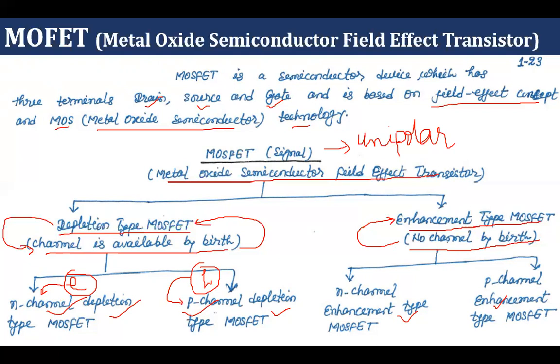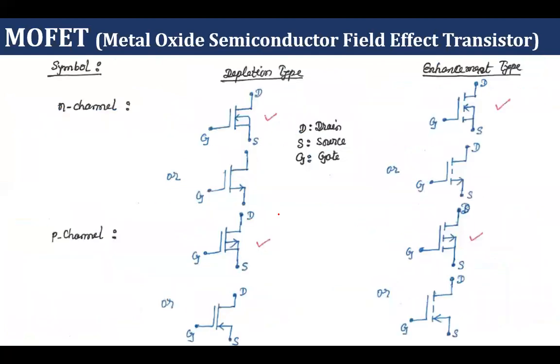Actually, in the channel which is available or will be created within the MOSFET, current will flow either due to electrons or holes, not due to both, and that's why MOSFET is a unipolar device, whereas in bipolar junction transistor, the current flows due to both electrons and holes, and that's why BJT is known as bipolar device.